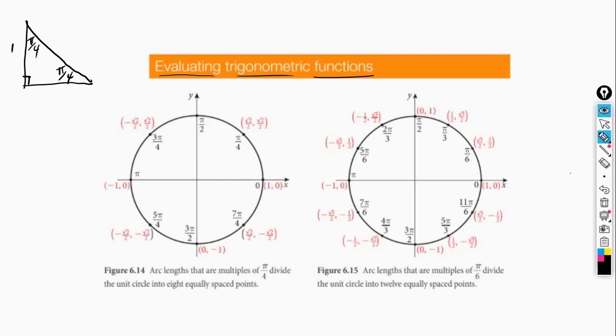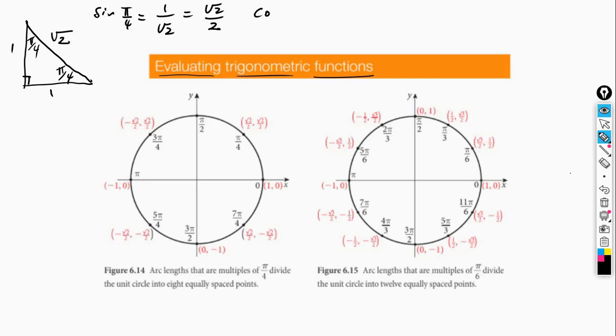We know that this side is 1, this side is 1, and this one is square root of 2. So from here we know that sine of pi fourths is equal to 1 over square root of 2, which is the same as square root of 2 over 2.